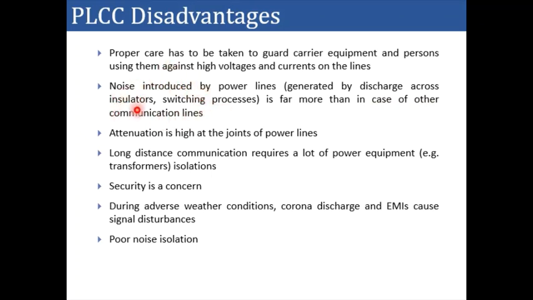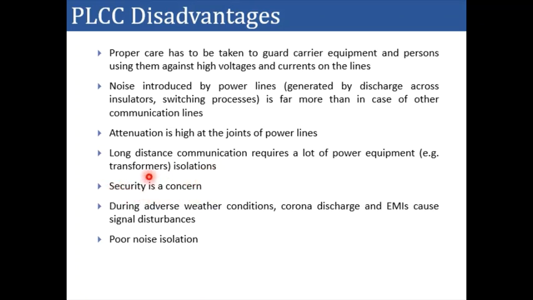So because of that, we will have a lot of distortions in the data communication. Attenuation is high at the joints of power lines. So wherever we have joints, long distance communication requires a lot of power equipment isolations such as line trap and all needs to be added at each and every point where the power equipment is installed. Because of that, the overall cost may increase.